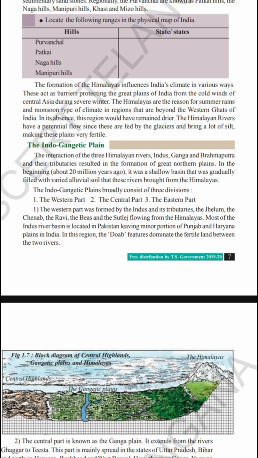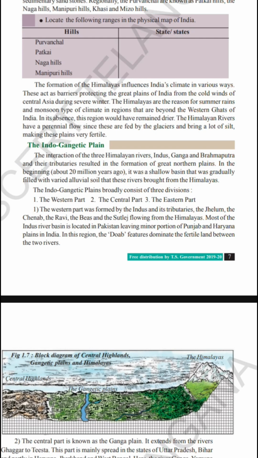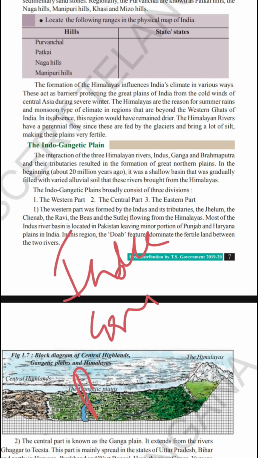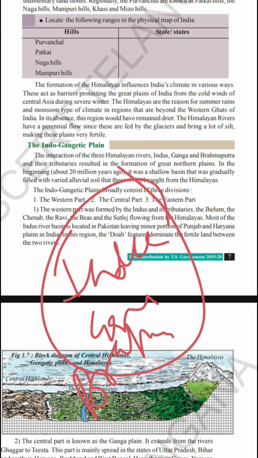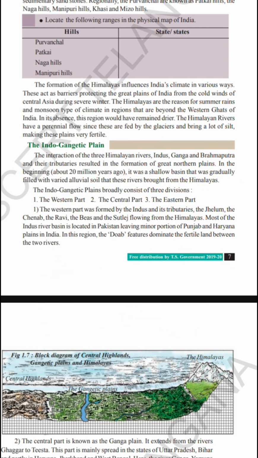So it is known as Indo-Gangetic Plains. Now, not only Indus and Ganga, but also Brahmaputra, three of these rivers together, they formed Indo-Gangetic Plains. So I hope it is clear to everyone now what is Indo-Gangetic Plains.